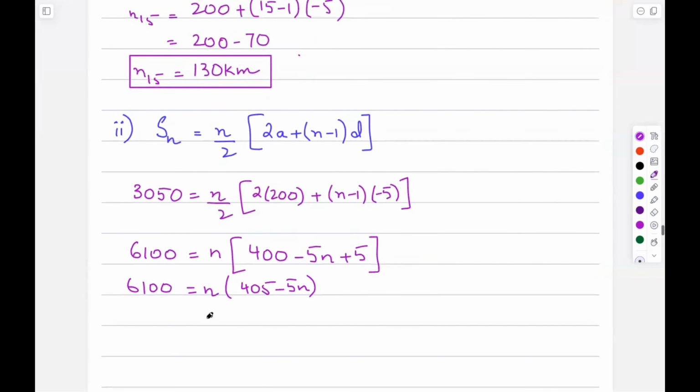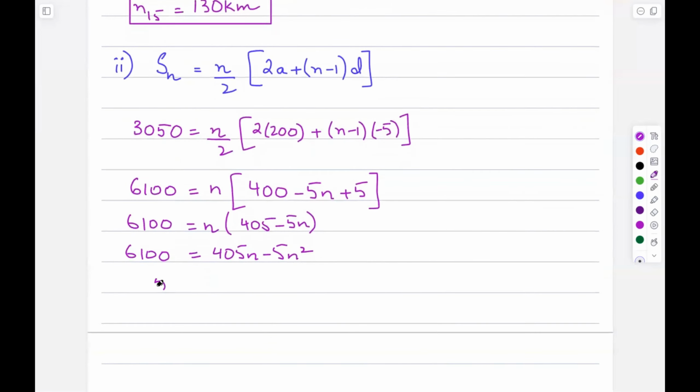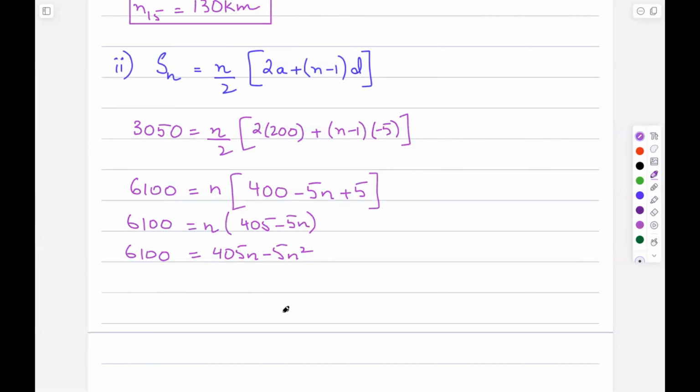Multiplying n by the bracket, we'll get 405n minus 5n squared equals 6,100. Taking 5n squared and 405n on the left hand side, this equation will become 5n squared minus 405n plus 6,100 equals 0. We can divide this equation by 5, and 6,100 divided by 5 is equal to 1220.